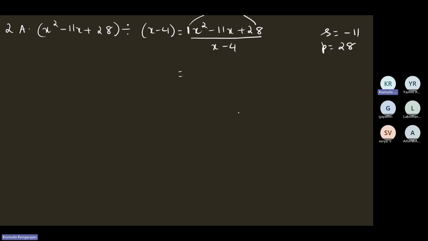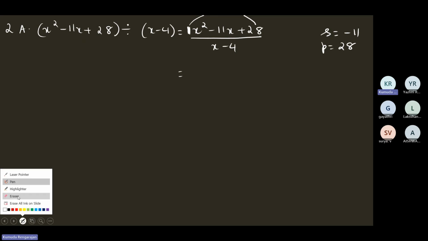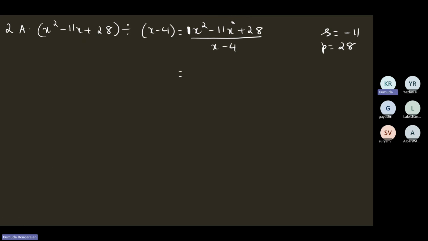The numerical coefficient of the x square term into the constant, 1 into plus 28. That is the product.